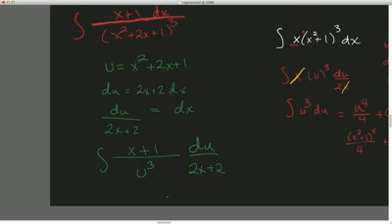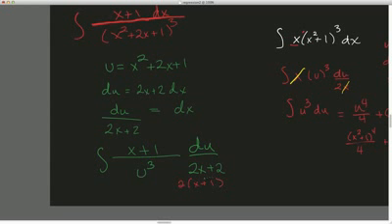Algebra-wise, what's common to that bottom expression? No, no, just the 2x and the 2. What's common there? Yeah, factor it out. So if I factor it out, I get 2 times x plus 1.